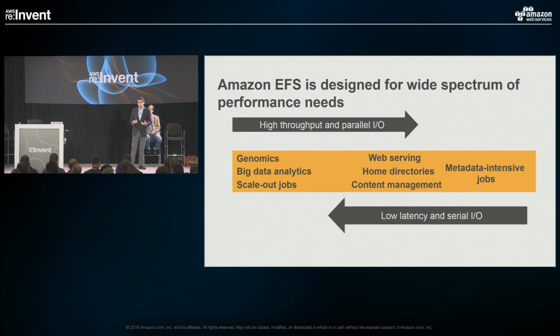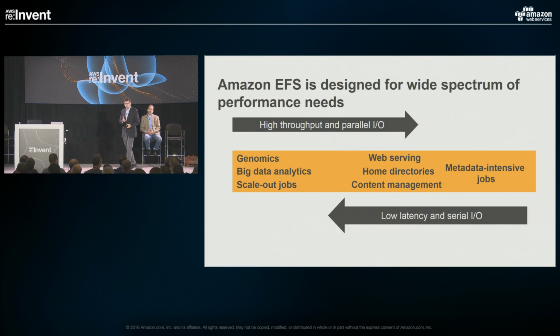The name of the game is as much aggregate throughput as possible across a number of instances. And then on the other end of the spectrum are applications where you're doing a lot of serialized operations, and the latency of each individual operation makes a big difference in terms of how many operations per second or how much throughput you can drive. So very latency sensitive applications.